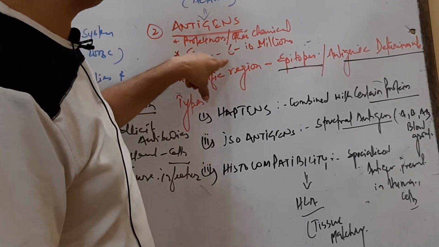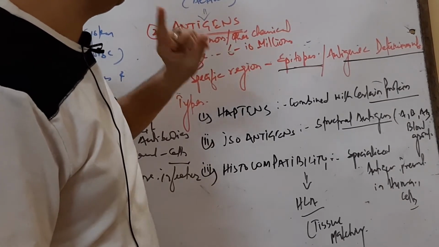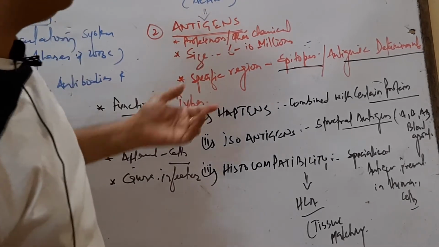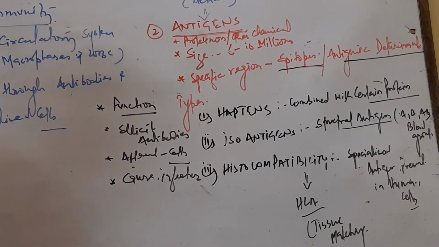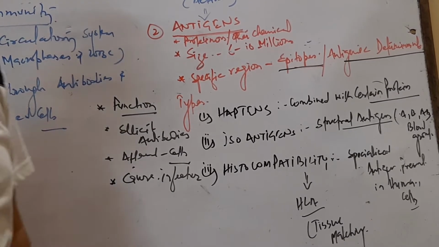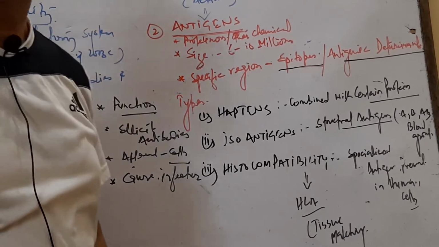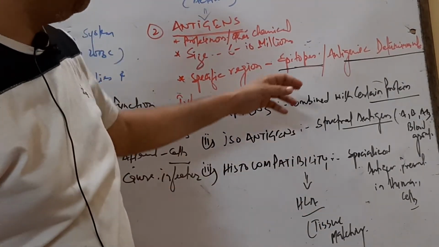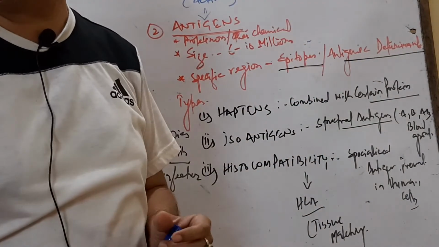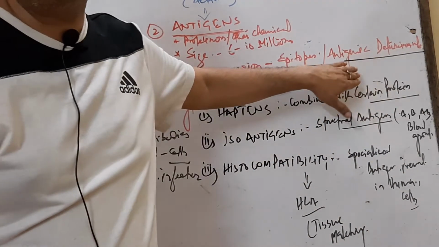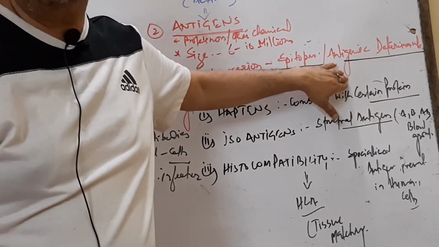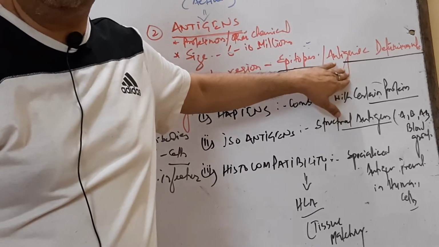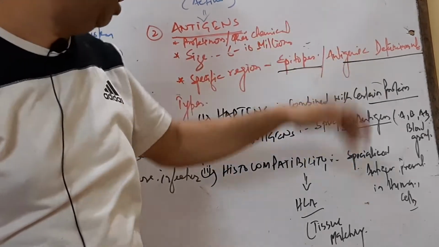The size varies from 6 to 10 million, and antigens have a specific region called epitopes or antigenic determinants, which combines with the antibody structure. This is where antigen and antibody interaction happens.